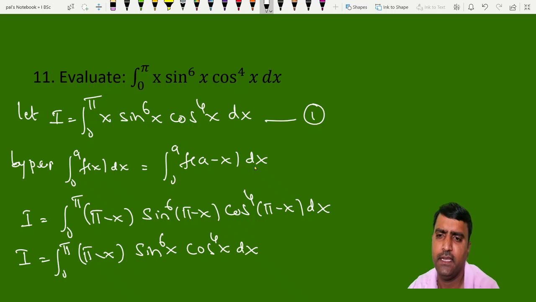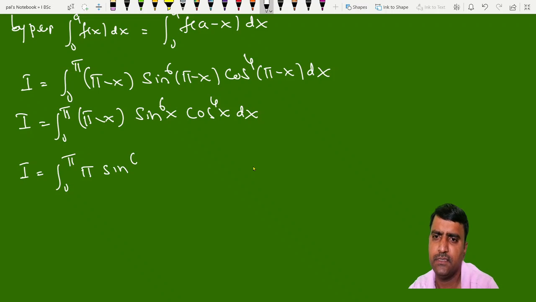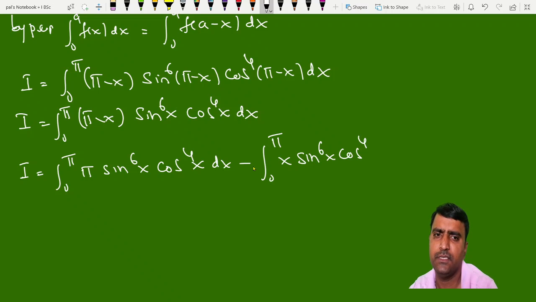So again, I is equal to integration from 0 to pi of pi into sine to the power 6x into cos to the power 4x into dx minus integration from 0 to pi of x into sine to the power 6x into cos to the power 4x into dx.